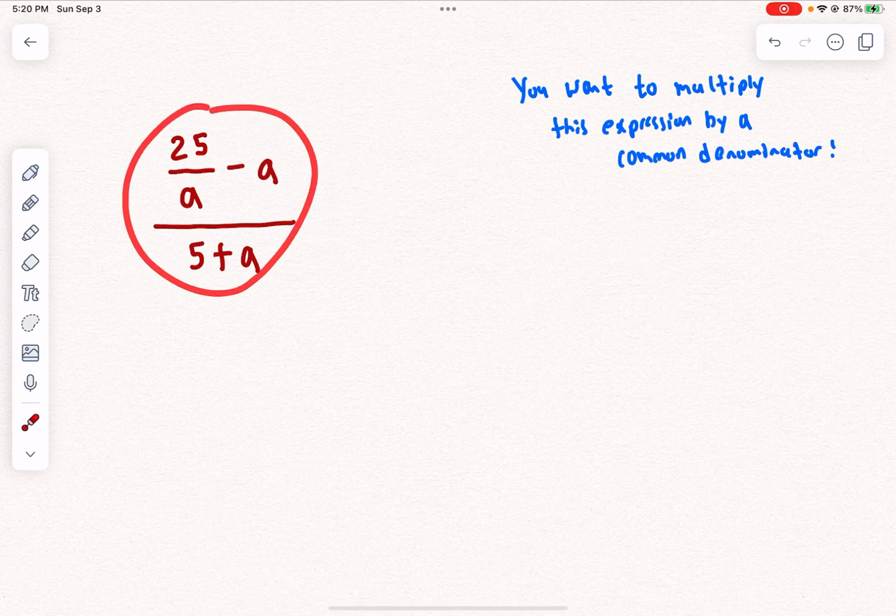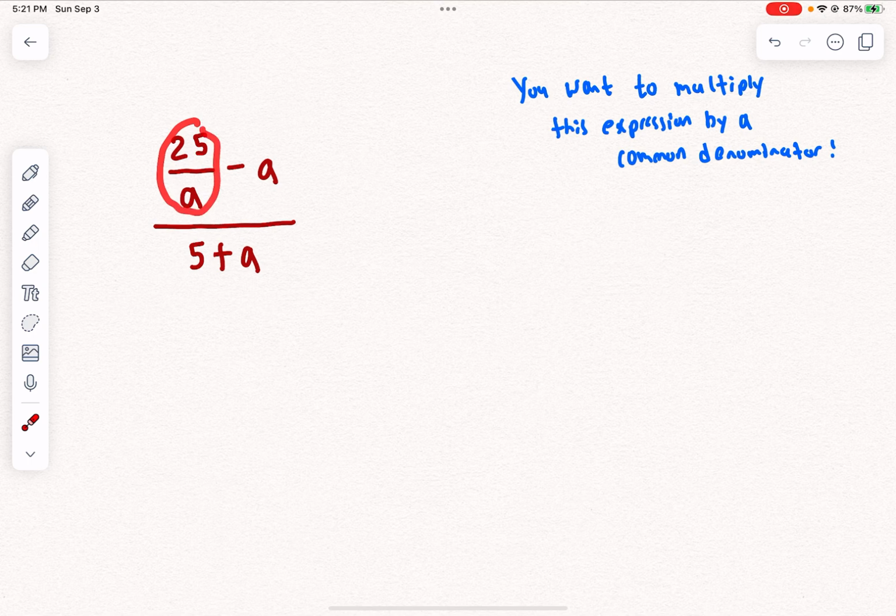So here, if we look at this, notice that in the numerator we have this fraction. In the denominator here, we have this a. So the idea here is that you're going to look at this denominator, and you're going to multiply this whole thing by this common denominator.